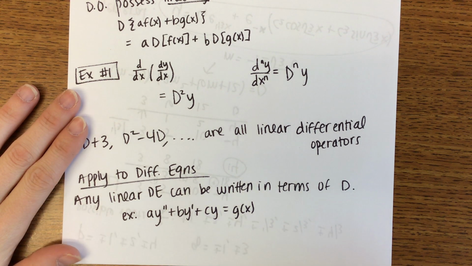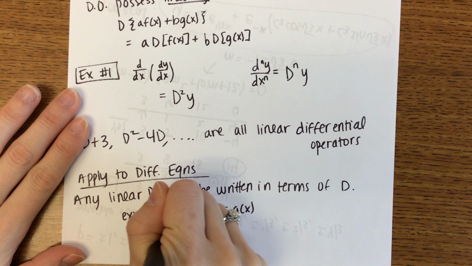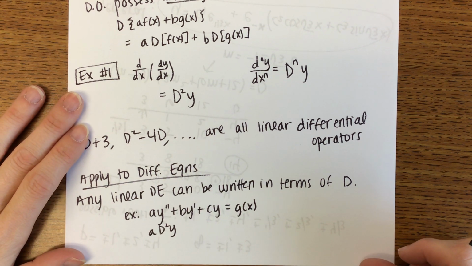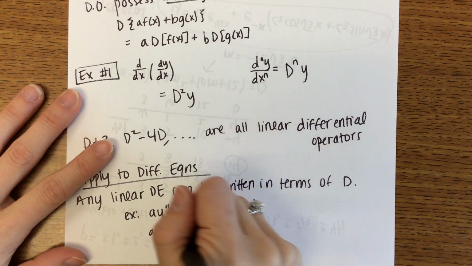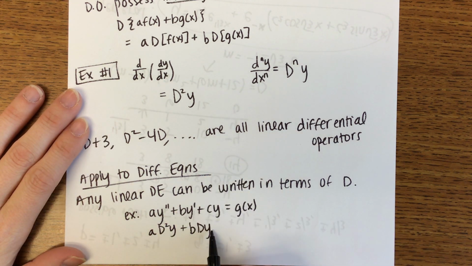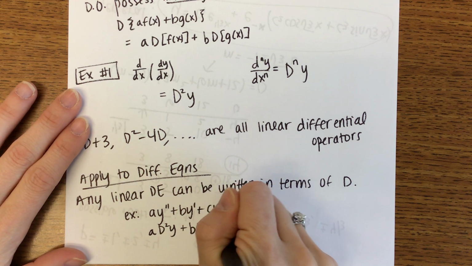This first term is a D squared y, so taking the second derivative of y with respect to x. This is b Dy, so differentiate y with respect to x. This is cy.